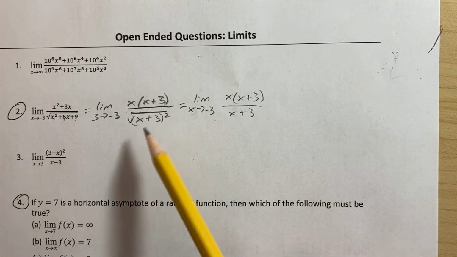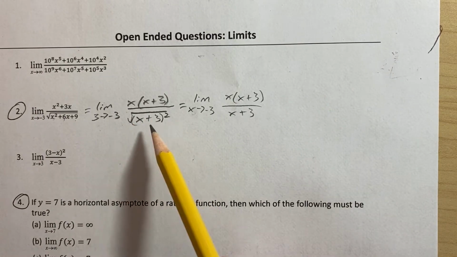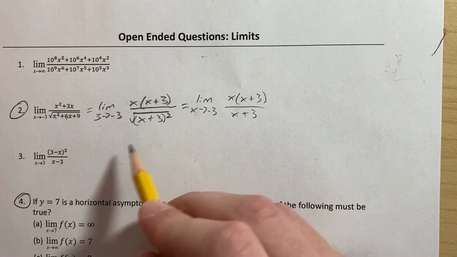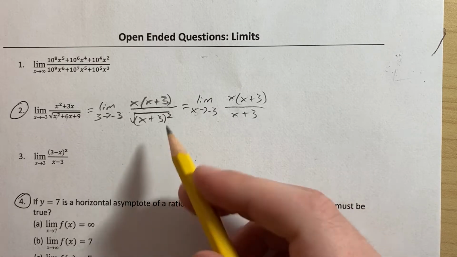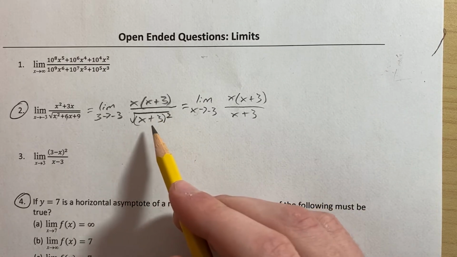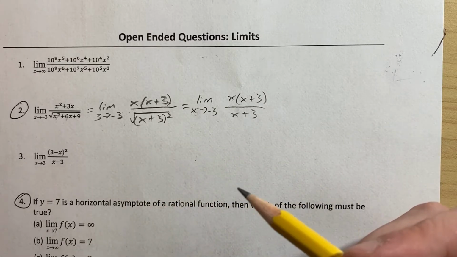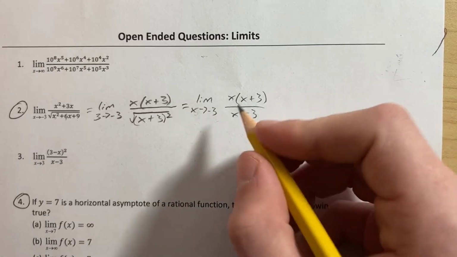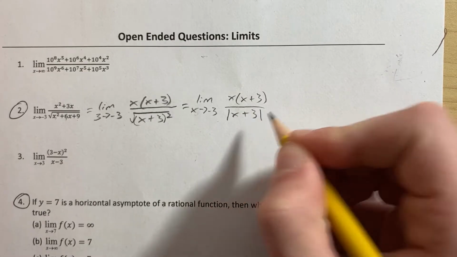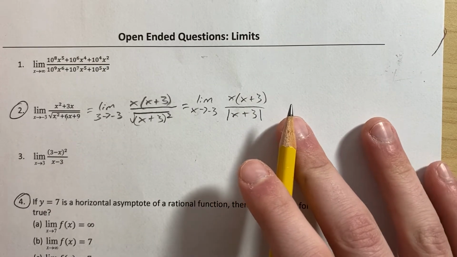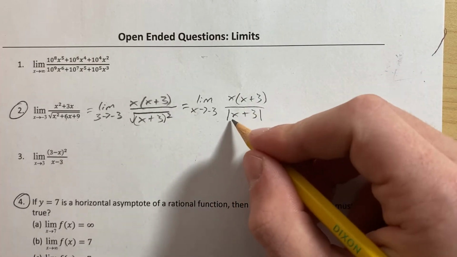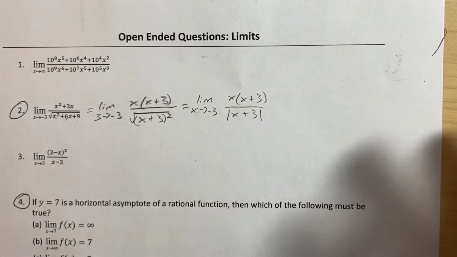But what's important to note is this denominator here: since you're squaring it and then taking the square root, this number is always going to be positive. When you take the square root of something squared, it's not just that value, it's the absolute value of it. That's where this question gets complicated, because you want to just cancel these two out, but you can't necessarily do that.